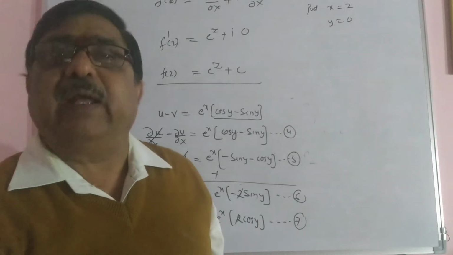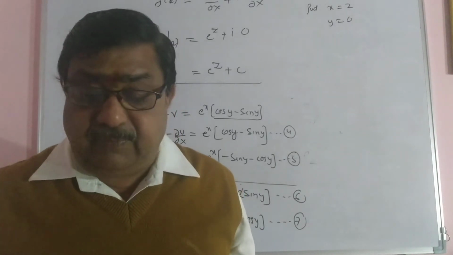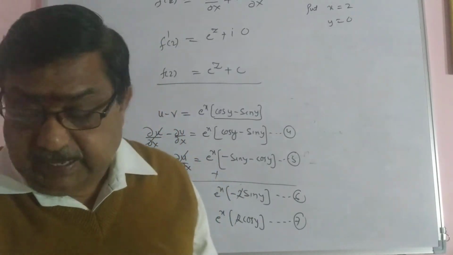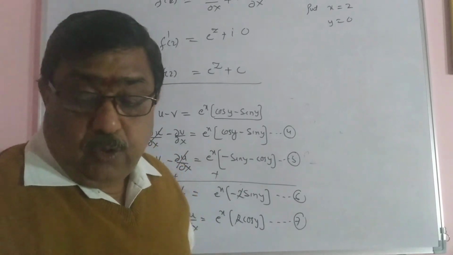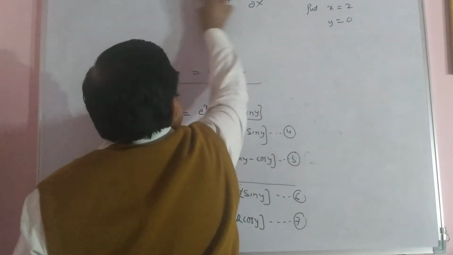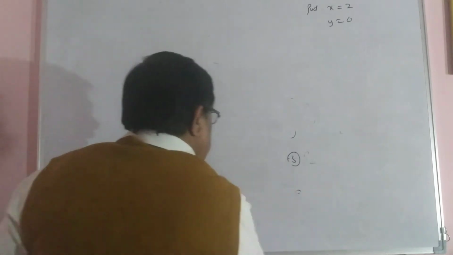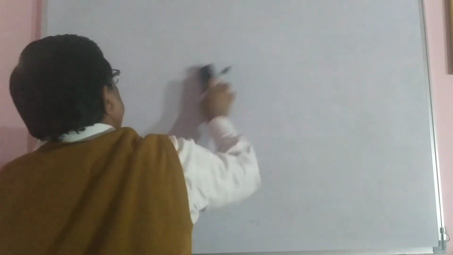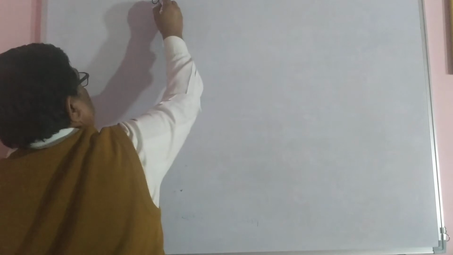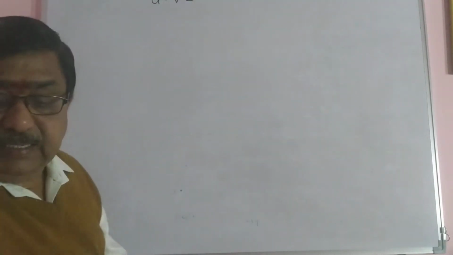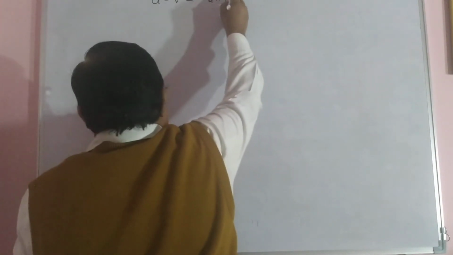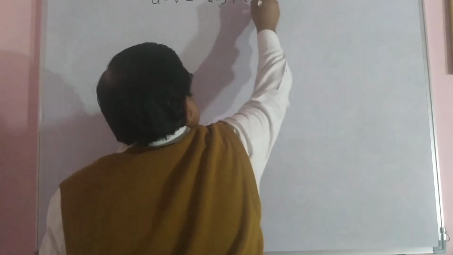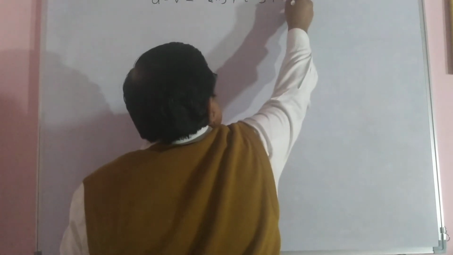So let us take one more example of the same kind. Here u minus v is equal to 2xy plus x² minus y² plus x minus y.